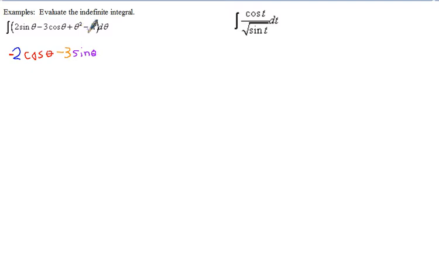And then theta squared, having x to the variable theta. When you integrate that, that's just a power. It would be plus theta cubed over 3. And then minus pi, well, pi is a constant. So it'd be negative pi theta. Just like if it was 3, it'd be 3 theta, and then plus our unknown constant.